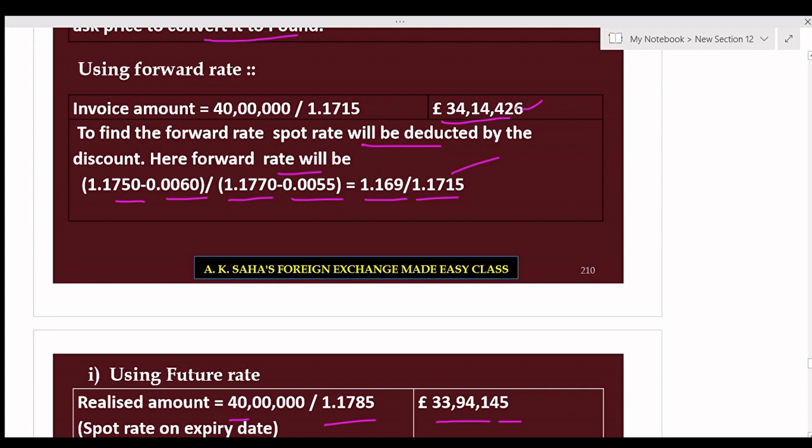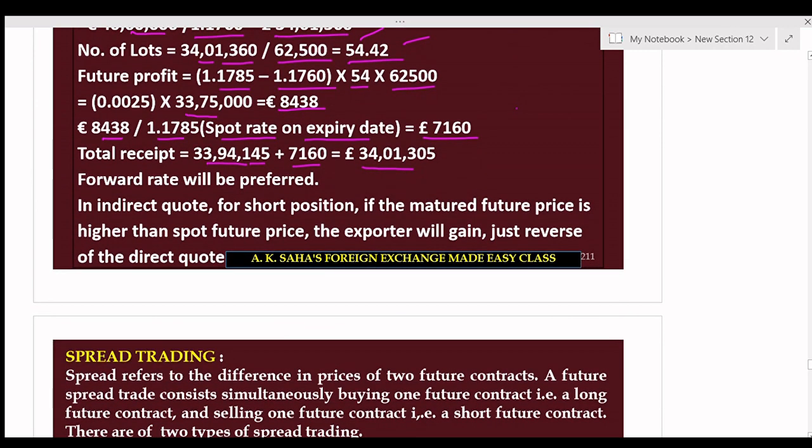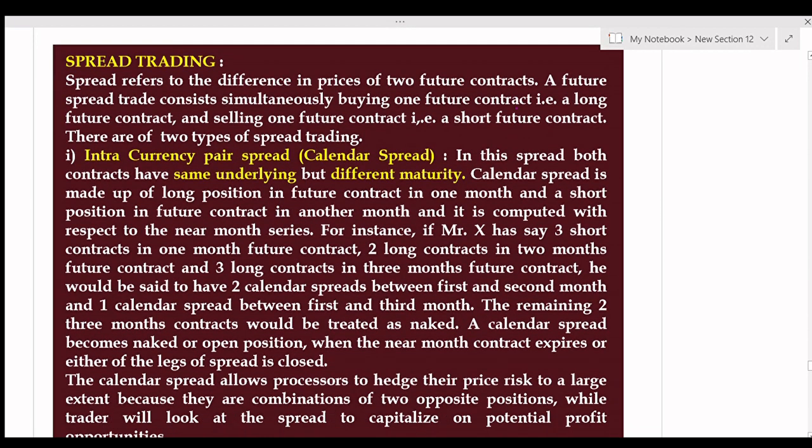So it is higher than the future rate conversion. So the forward rate will be preferred. In an indirect quote, for a short position, if the matured future price is higher than the spot future price, the exporter will gain. Just reverse for the direct quote. You should remember this. Now comes spread trading.